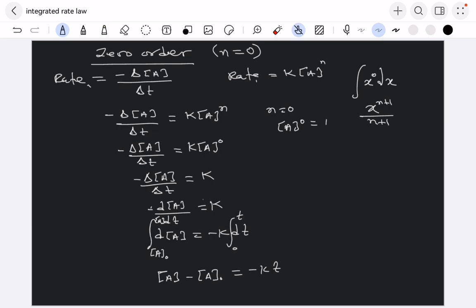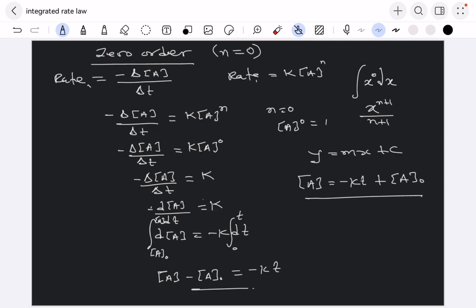Now writing this expression as y equals mx plus c, it is written as [A] equals negative kt, taking this to the other side, plus [A] initial. So that is the equation for a zero order.